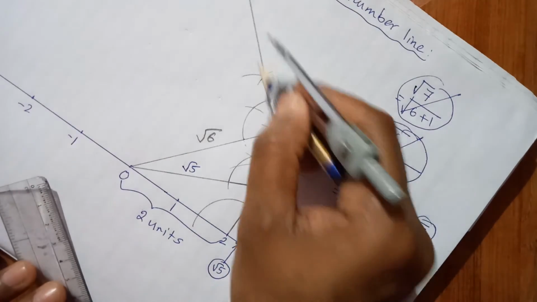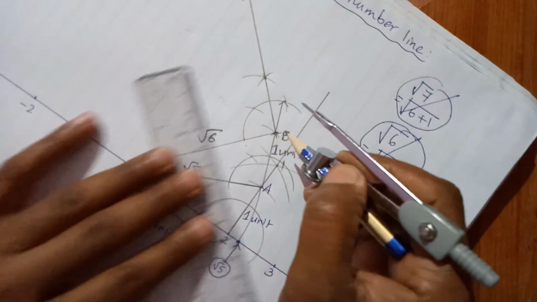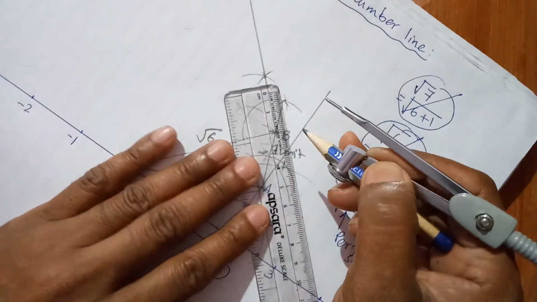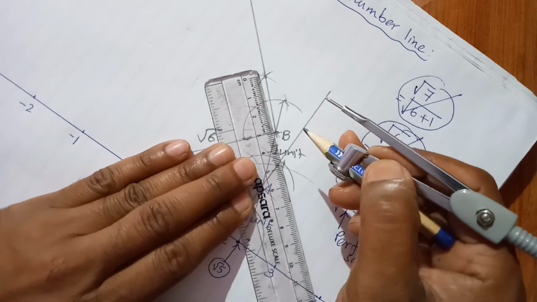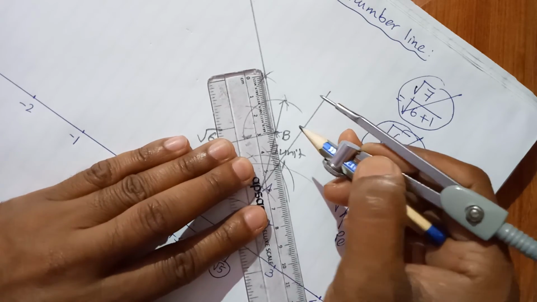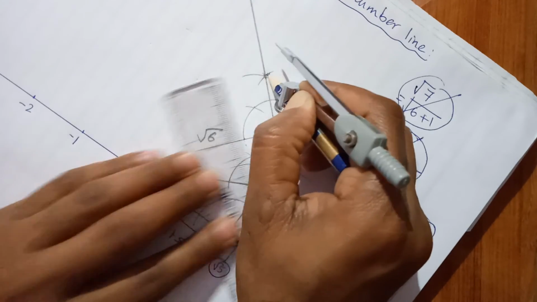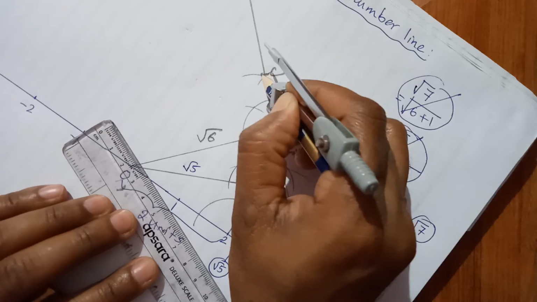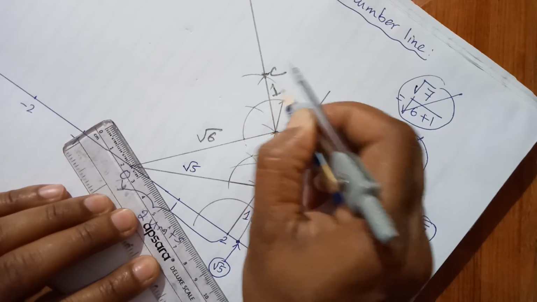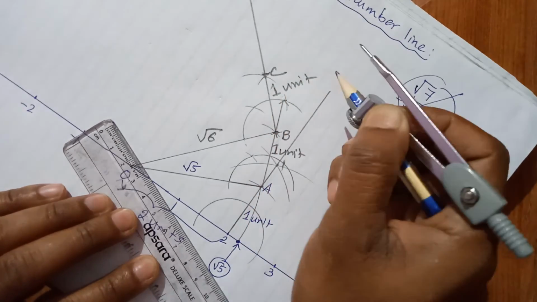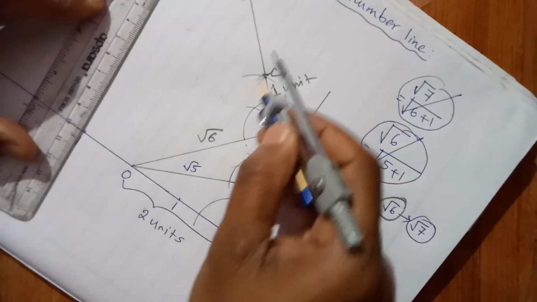Then on that perpendicular make one division of 1 centimeter from this point B, one division of 3 centimeter. So this is the point, you can name this point as C. This is your 1 unit, and join these 2 points.